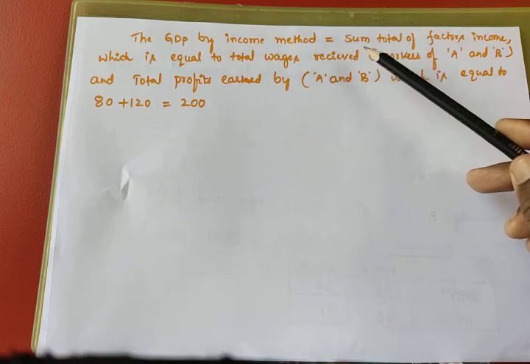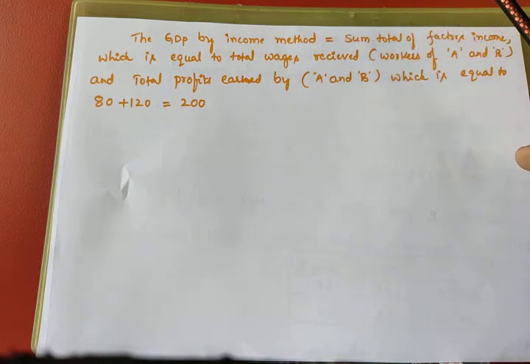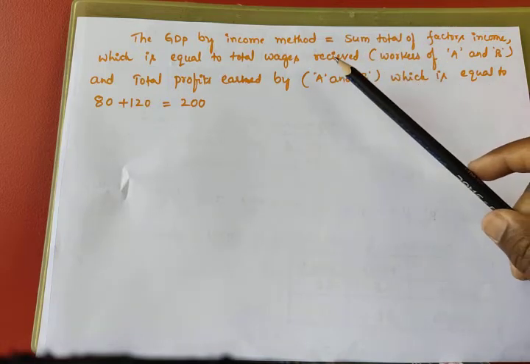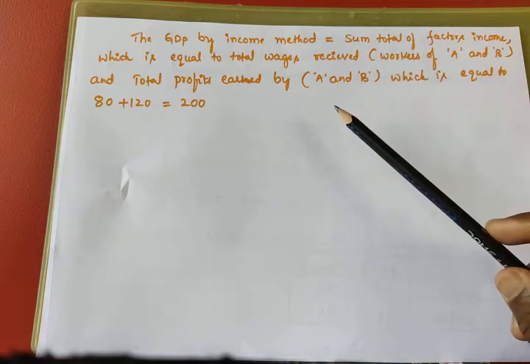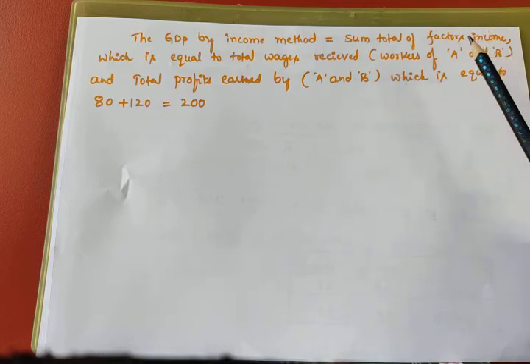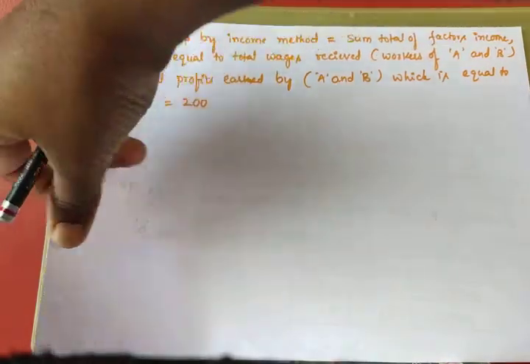I already explained, the total expenditure should be equal to the total income received by all the factors of production. So here we should calculate both workers of A and workers of B, and profit earned by A and profit earned by B. That should be the same. So with the help of this table only we can calculate.